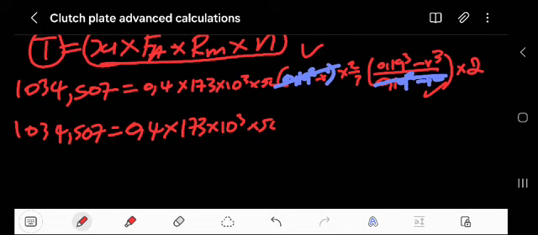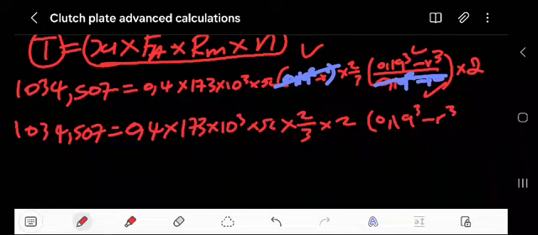So another thing, what can cancel again here? What will cancel again? Let me just multiply this as it is. 2 over 3 multiplied by 2. Let me just do it like this. This is what we have, into this one, 0.19, like that.